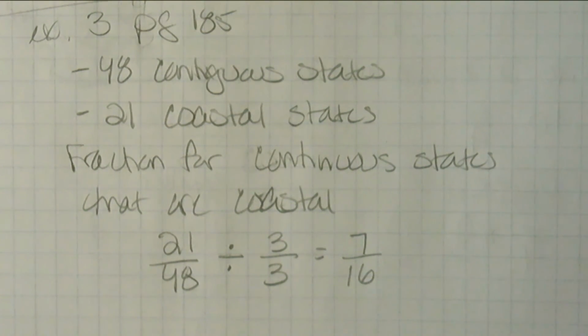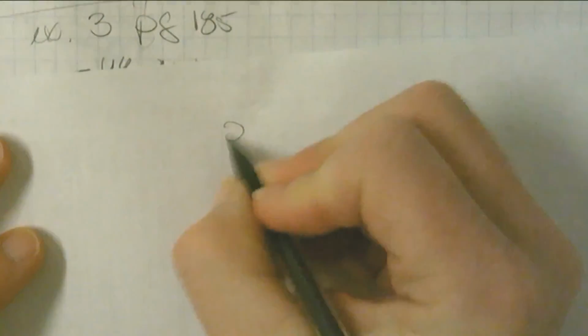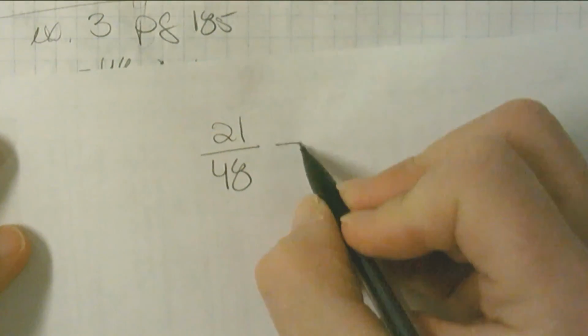Like last year when we did fractions, specifically this problem, I would just do 21 over 48 divided by 3. Would we have to put 3 over 3? Well, that's a good question. Let me ask you. If I have 21 over 48, listen to what I'm saying.